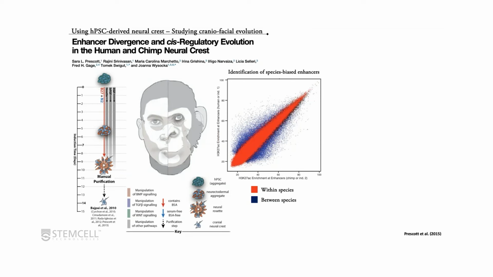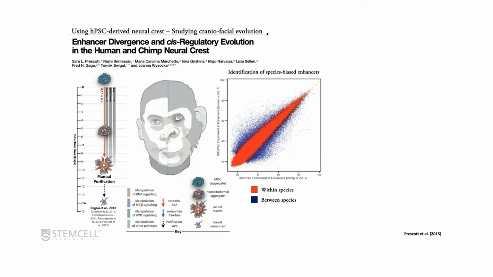So the final case study that I want to present is concerned not with disease, but with evolution. As the neural crest is responsible for the formation of much of the craniofacial structure, it's no surprise that small alterations in the expression of crucial neural crest associated genes can lead to major changes in facial shape.